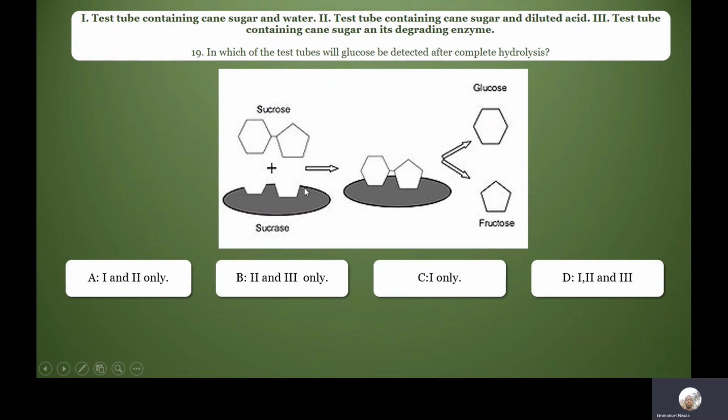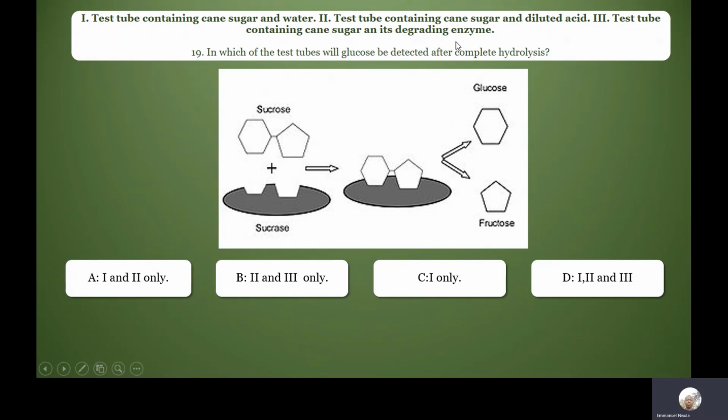So the correct option here is 2 and 3. That's option B.